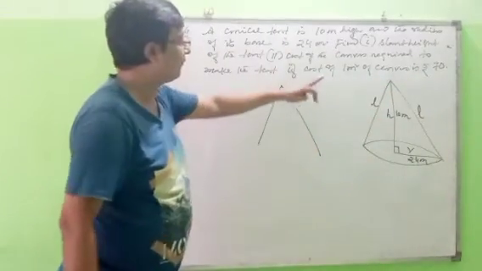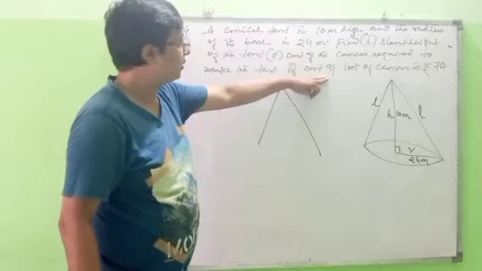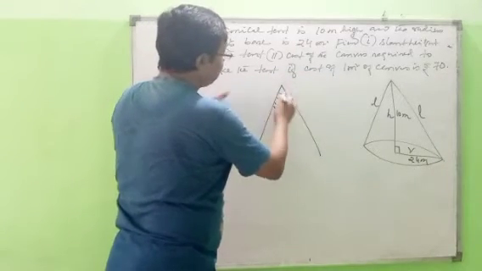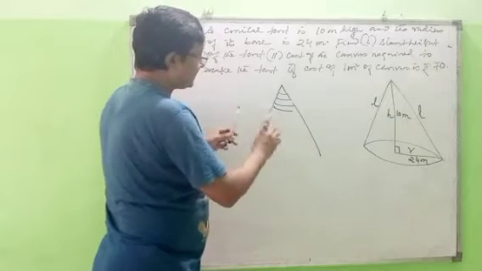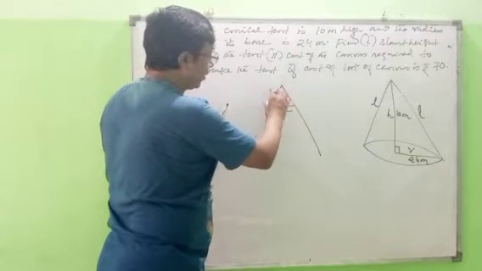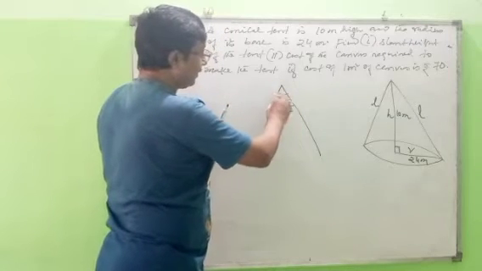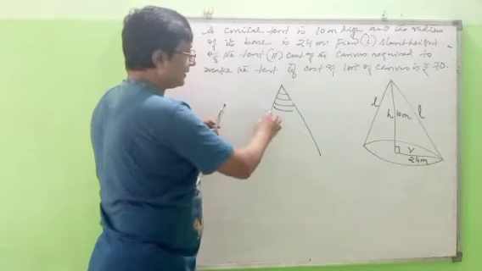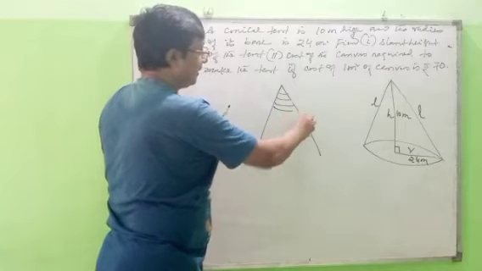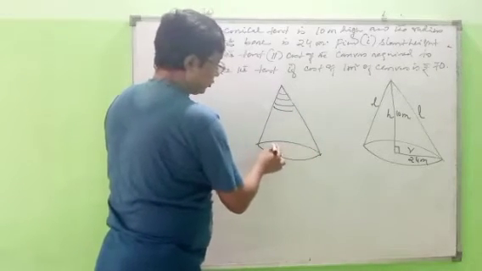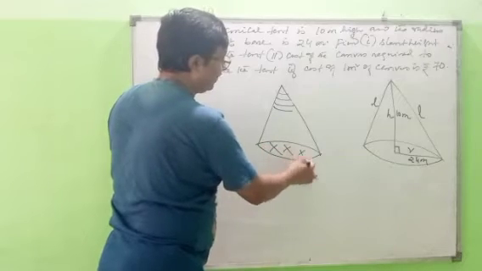So before finding the cost, you have to find out the area of canvas used in making this tent. Since they have made the tent using only the lateral part, on this curved surface part, but they have not used the canvas on the base, you are not going to count the canvas there.